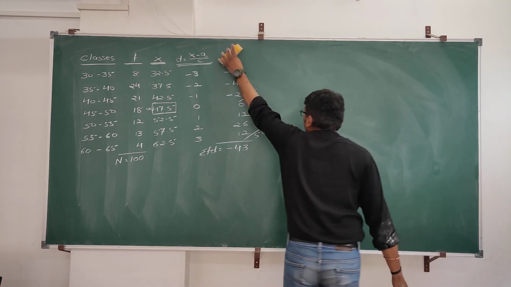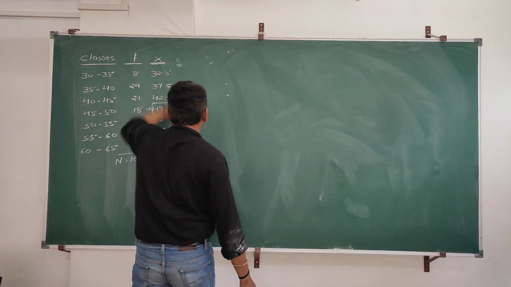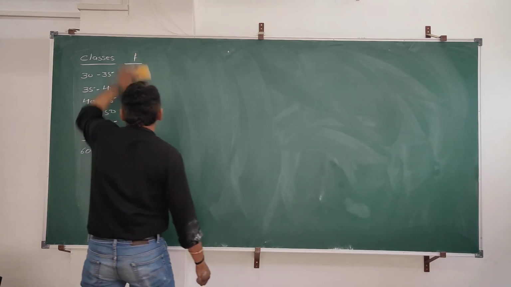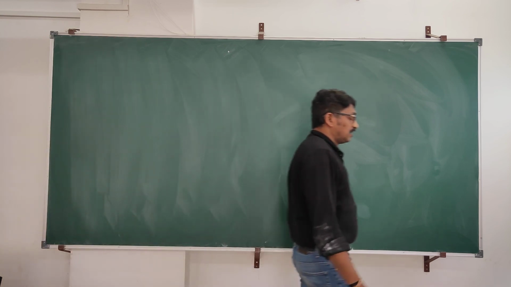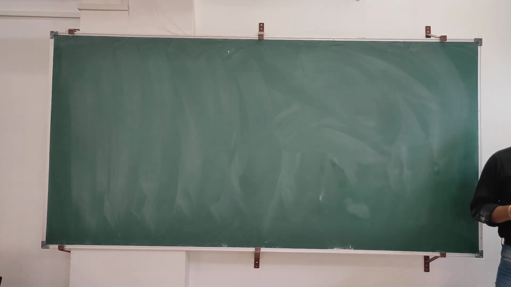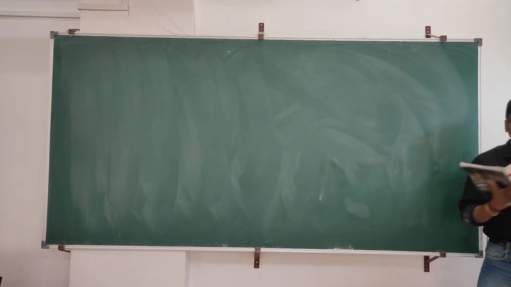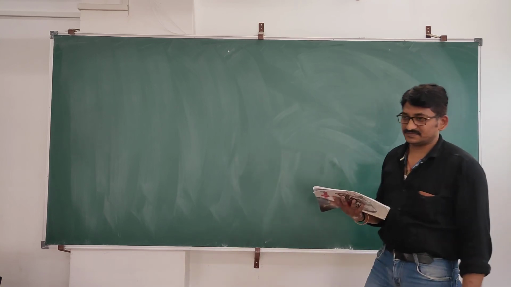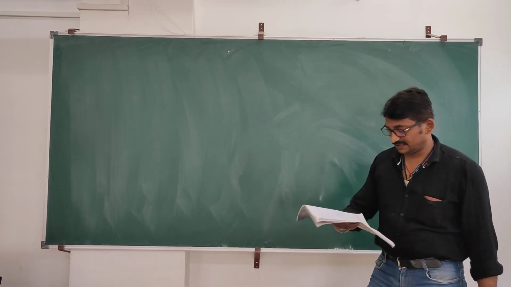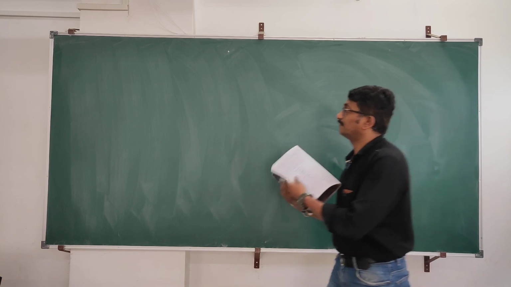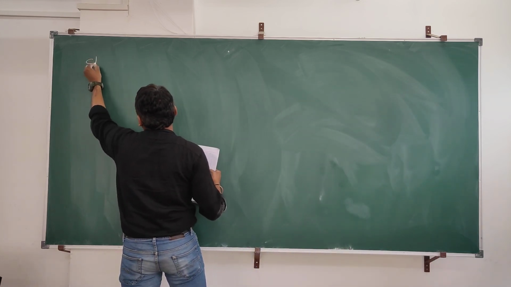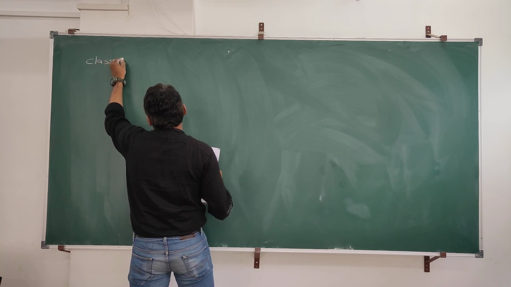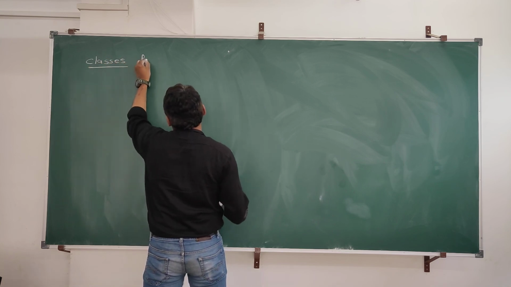Calculate the arithmetic mean by using the shortcut method and the direct method. Make two columns, classes and frequencies.